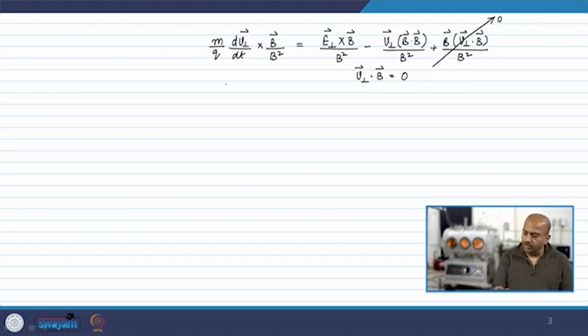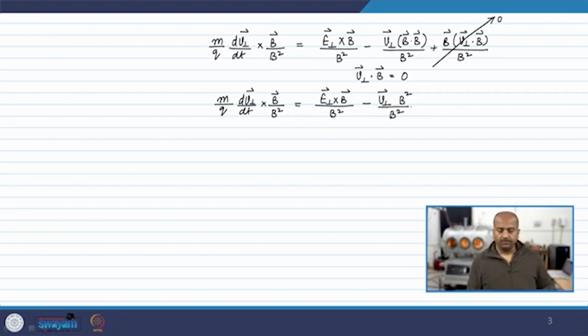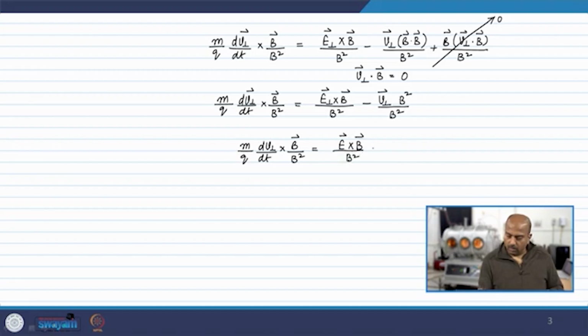And in effect, what we have is m by q d v perpendicular by dt cross B by B square is equal to E cross B by B square minus V perpendicular times B square by B square. Let us say we call this equation 4.